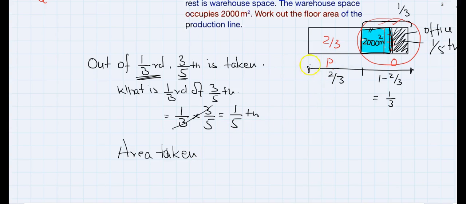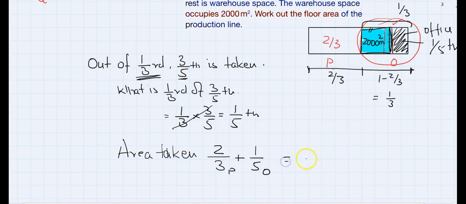So what area has been taken is, first, 2/3 has been taken for production, plus 1/5 is taken as office.